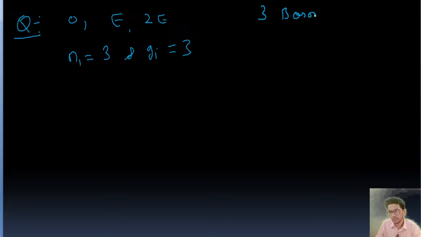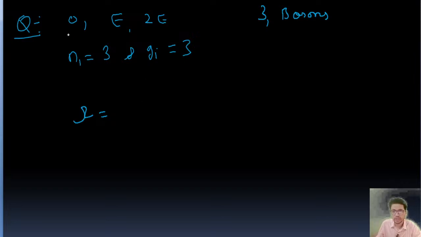Okay, these are energy levels, and Ni value is given, that is 3, and Gi value is given, that is 3. Okay, and we have 3 bosons. Now we need to find the omega value, right? Omega value, very simple.